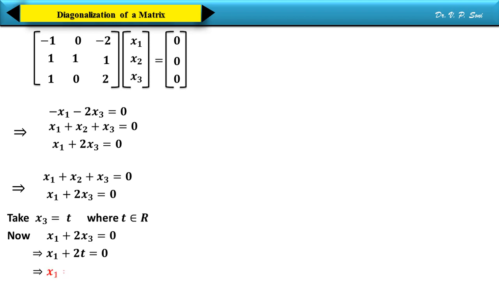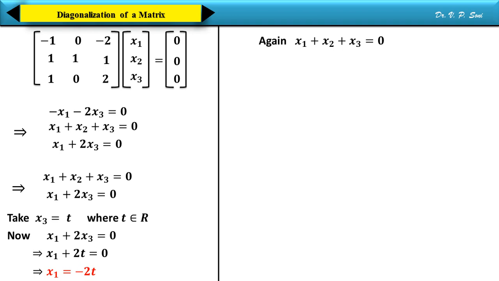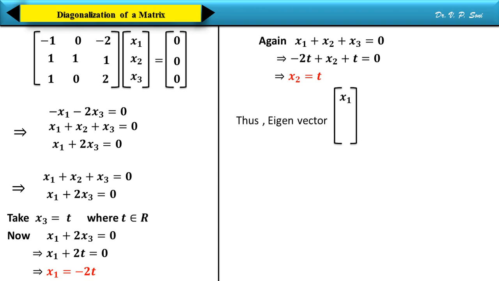This implies x1 equal to minus 2t. Again put x3 equal to t and x1 equal to minus 2t in the first equation, x1 plus x2 plus x3 equal to 0. This implies minus 2t plus x2 plus t equal to 0. This implies x2 equal to t. Thus eigenvector (x1, x2, x3) equal to vector (minus 2t, t, t).